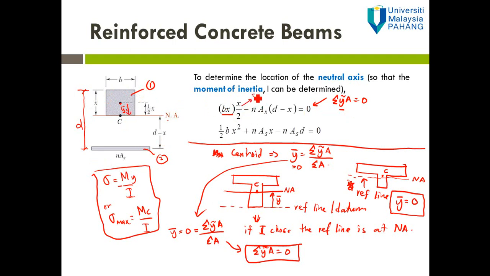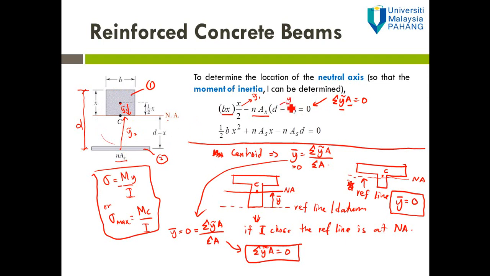So that is the y part 1. Okay, and then for part 2, the area A is equal to NAs. And then the distance from the centroid of part 2 to the centroid of the overall beam, that is the y for part 2, is equal to d minus x.